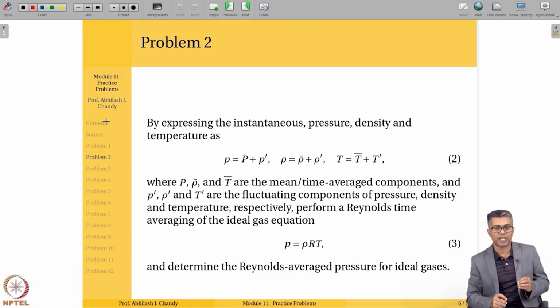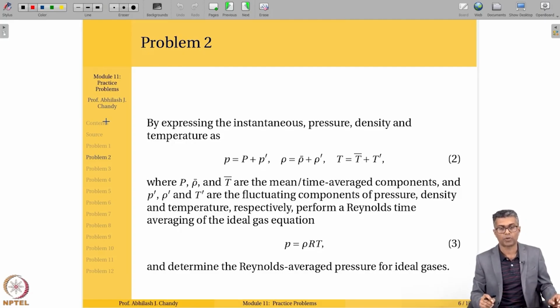By expressing the instantaneous pressure, density and temperature as P is equal to capital P plus P prime, rho is equal to rho bar plus rho prime, and T is equal to T bar plus T prime, where capital P, rho bar and T bar are the mean or time average components, and P prime, rho prime and T prime are the fluctuating components of pressure, density and temperature respectively. Perform a Reynolds time averaging of the ideal gas equation P is equal to rho RT and determine the Reynolds average pressure for ideal gases.